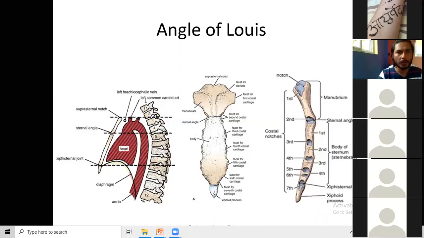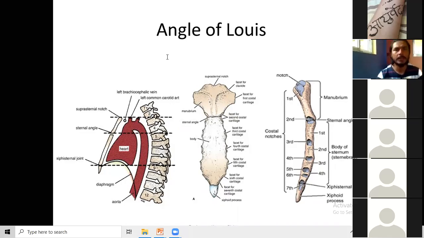The superior boundary is by the plane of thoracic inlet that passes along the suprasternal notch to the upper border of the first thoracic vertebra. And the inferior boundary is by the transverse thoracic plane that passes anteriorly along the sternal angle and posteriorly at the lower border of the fourth thoracic vertebra. So that forms the four boundaries of the superior mediastinum.